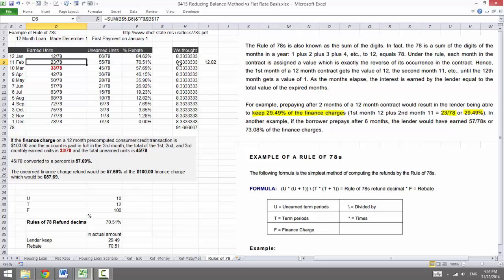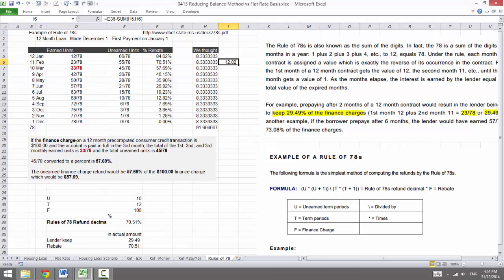So if you loan 100 ringgit, the lender will ask for 29.49 instead of the 16.6%, which is 16.6 ringgit. So you need to pay another 12 ringgit.